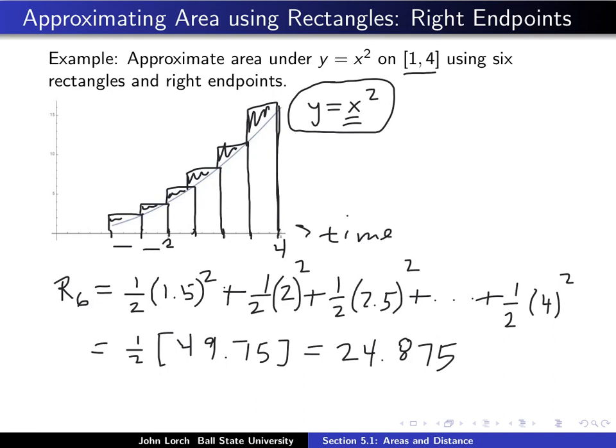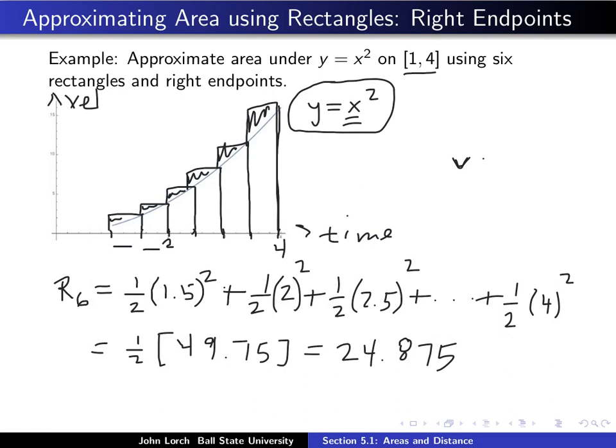So say we're going from time t equals 1 second to time t equals 4 seconds. And if we think of the y-coordinate, for instance, as representing velocity, perhaps in feet per second or something like that, then each area of these rectangles that we've computed is a base times a height.